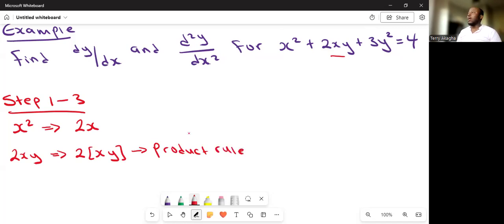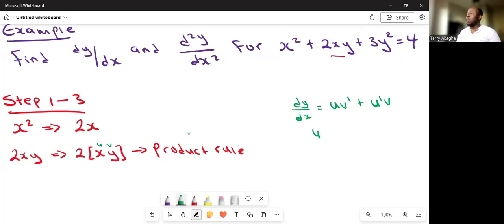Now, just to remind you, the product rule for dy over dx is equal to u v prime plus u prime v. We've talked about this before, okay? So x is going to be u, and y is going to be v.